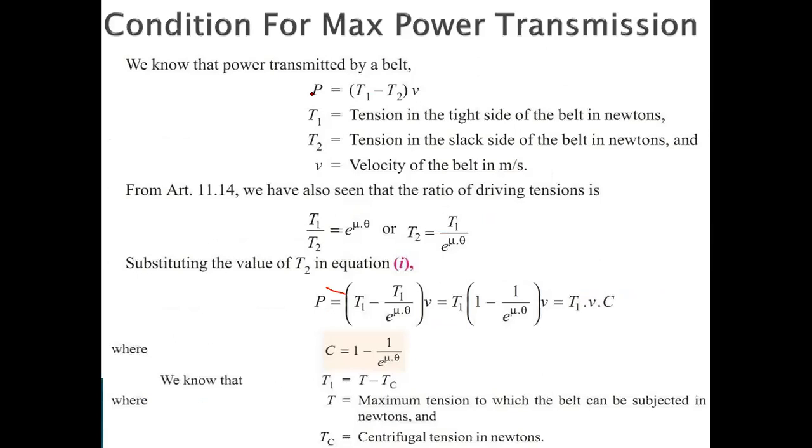Now the power. We know that the power transmitted by the belt is P is equal to T1 minus T2 into V. This equation does not change, whether the centrifugal tension is acting or not. From the driving tension ratio, T1 by T2 is equal to e raised to mu theta, or T2 is equal to T1 divided by e raised to mu theta.